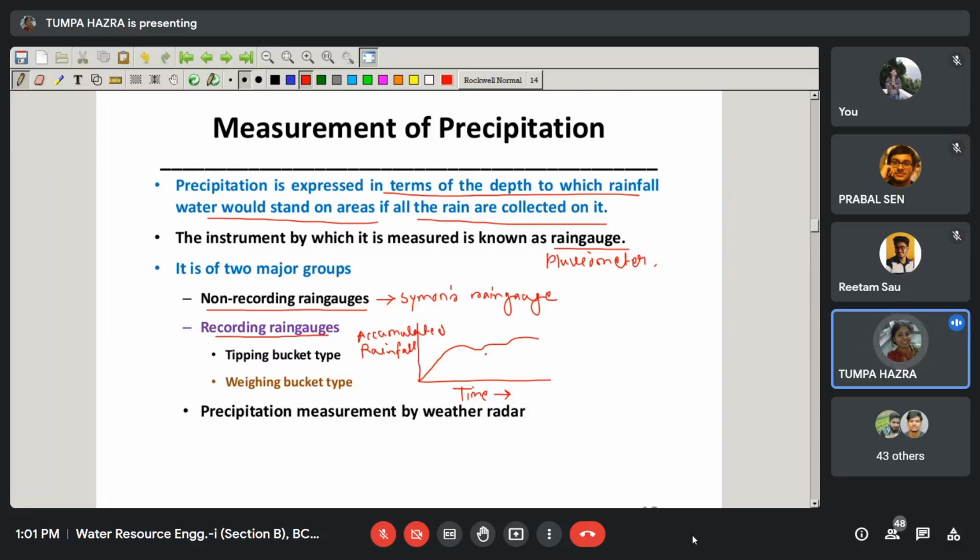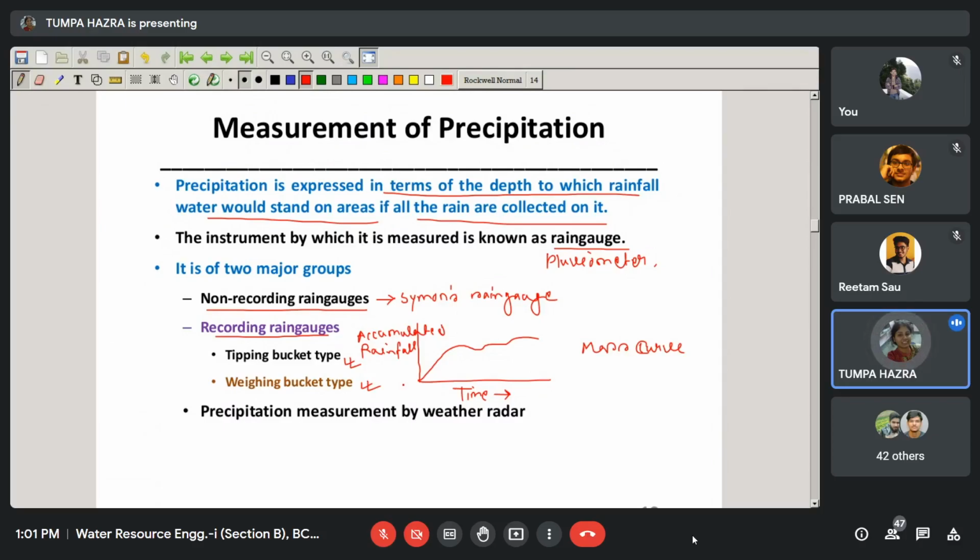Okay, this accumulated rainfall versus time curve is known as mass curve. This mass curve are plotted automatically. In India, two types of automatic rain gauges are commonly used. One is tipping bucket type and another one is weighing bucket type.